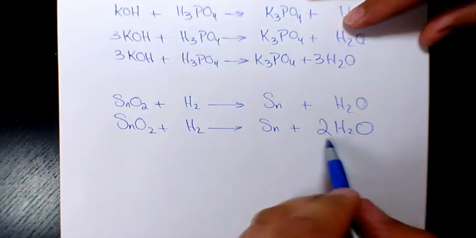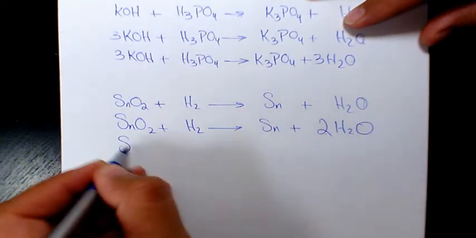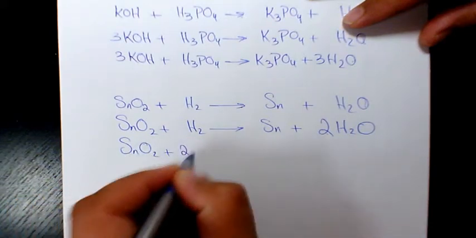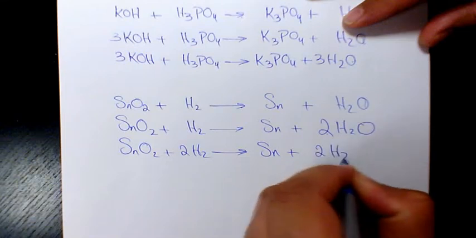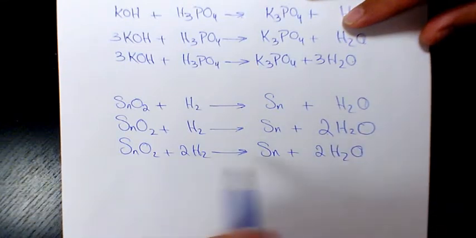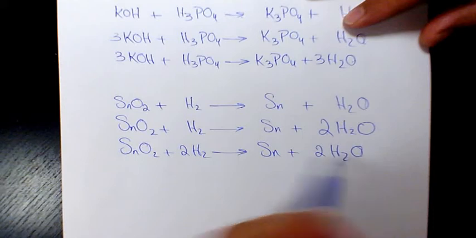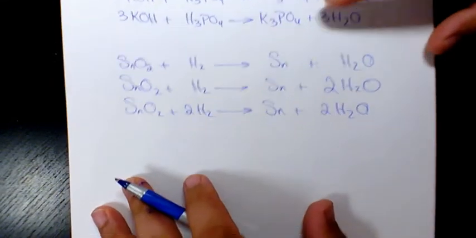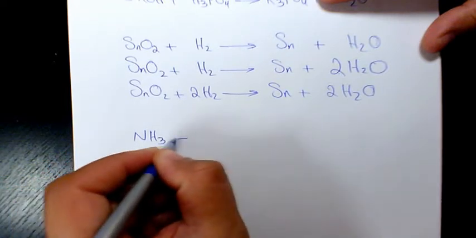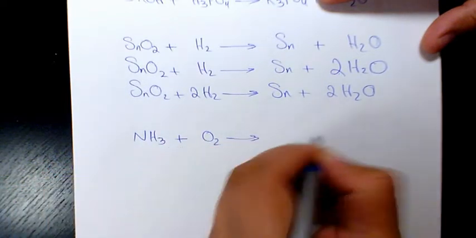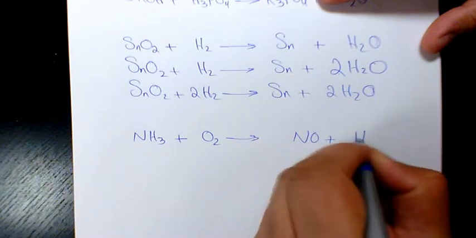Hydrogen, we have 4. 2 times 2, 4. So we have 2 in here. So 4, 4, 1, 1, 2, 2. And that's already balanced.